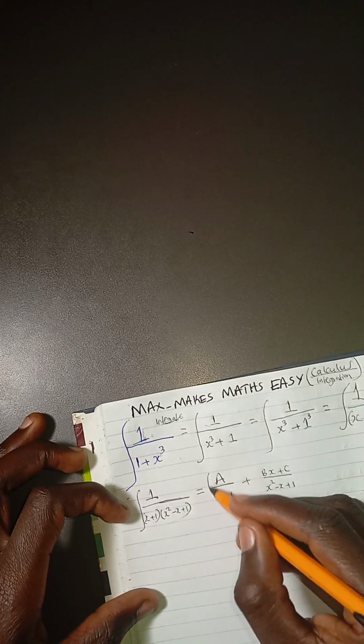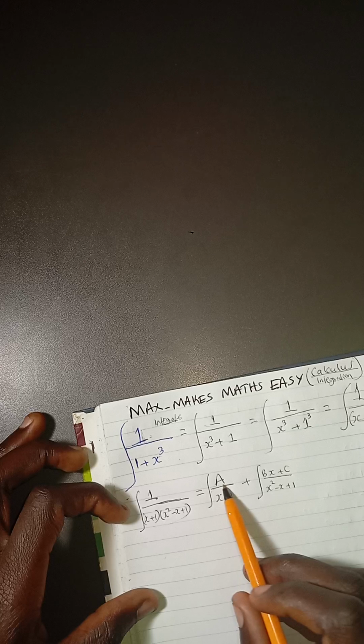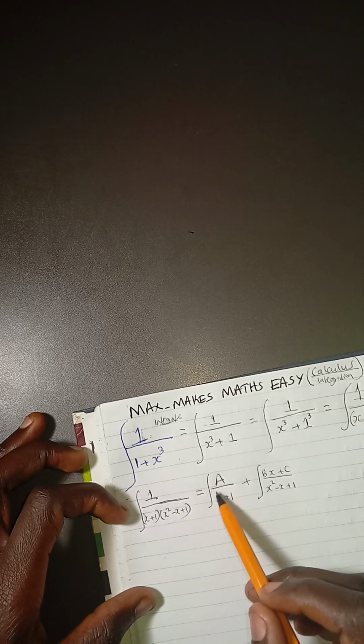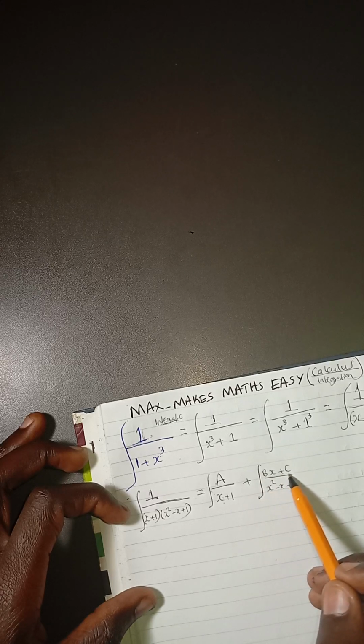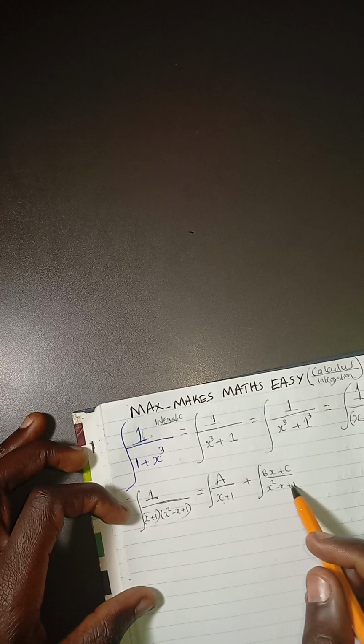This is the same as this integral. I hope you have understood. This is an irreducible quadratic, so it can be written as a over x plus 1 plus the integral of bx plus c over x squared minus x plus 1.